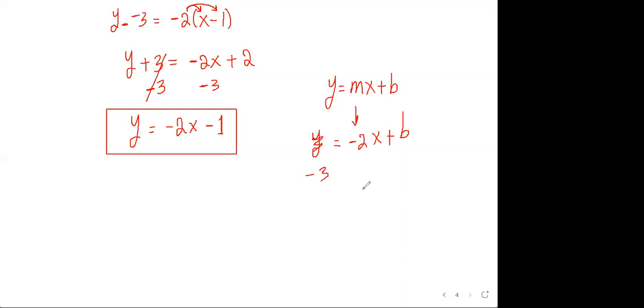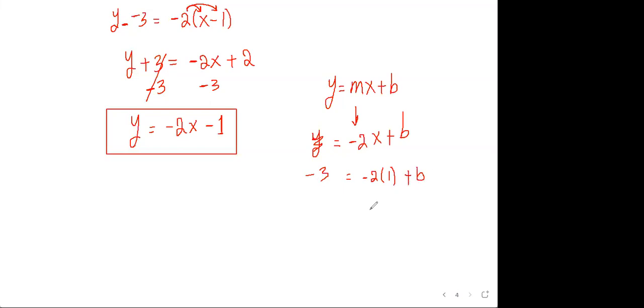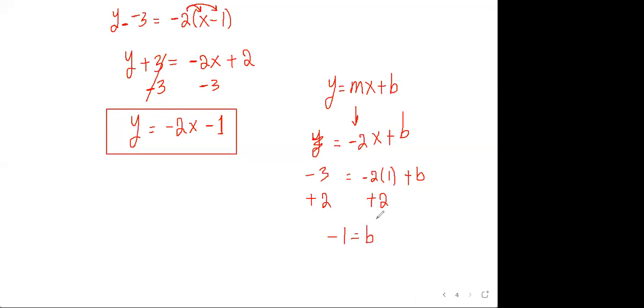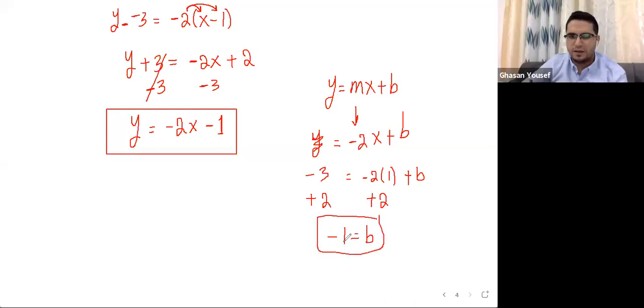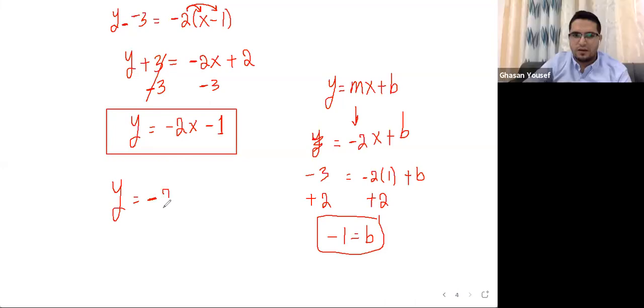And then for x, I put -1. So -2 times -1, and then plus b. Then -2, add 2 to both sides, and then you have -1. Oh, you solved it in a different way, and then you would just plug that back in the original equation. Yeah. Okay, I got it.